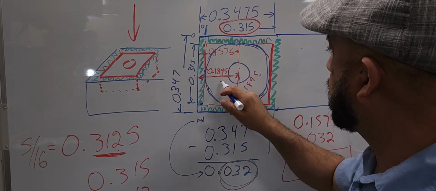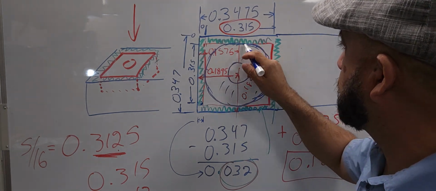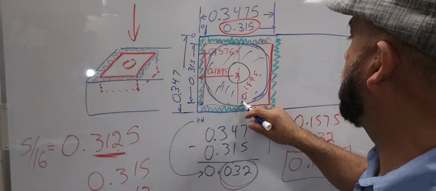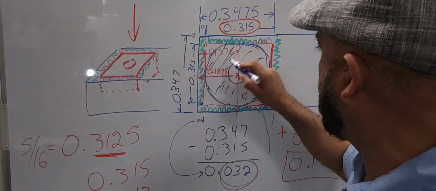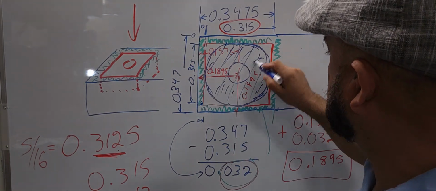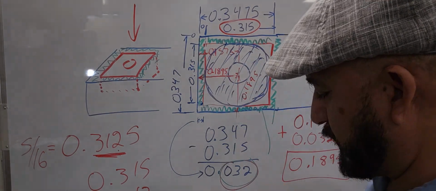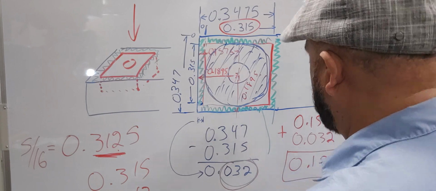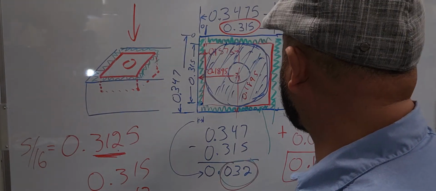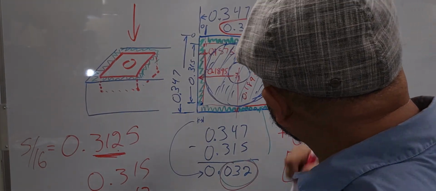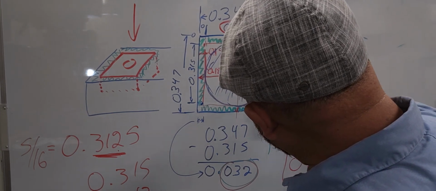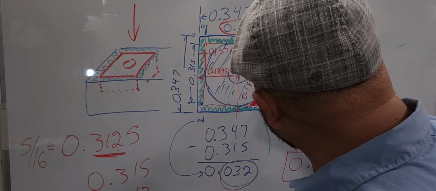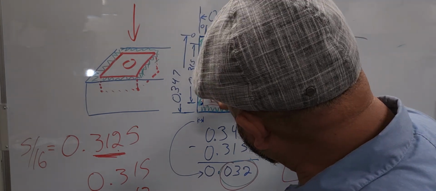It's going to remove all this area, depending how deep we go. However, we still got those areas, which I'm gonna make them red. We still got those areas. That area, because this is a round cutter, I cannot do a perfect square.